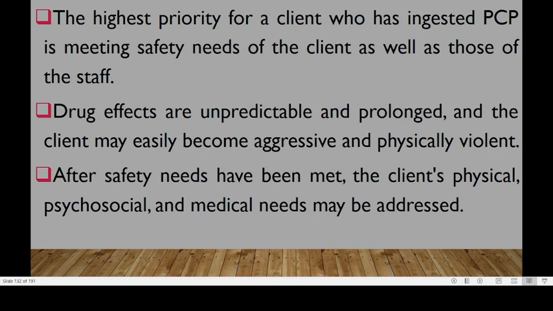Drug effects are unpredictable and prolonged, and the client may easily become aggressive and physically violent. After safety needs have been met, the client's physical needs can be looked at, then psychosocial, then lastly the medical needs can be addressed.